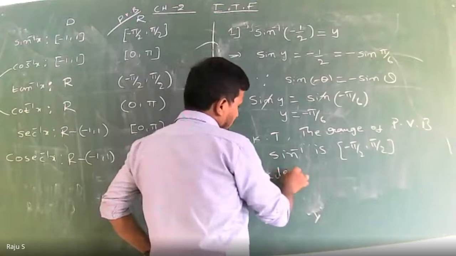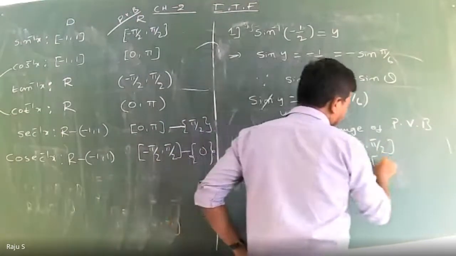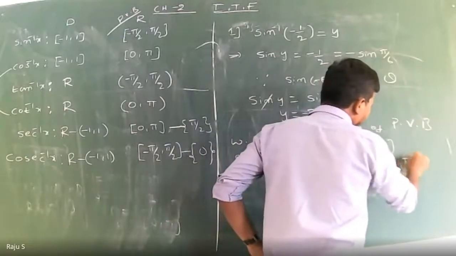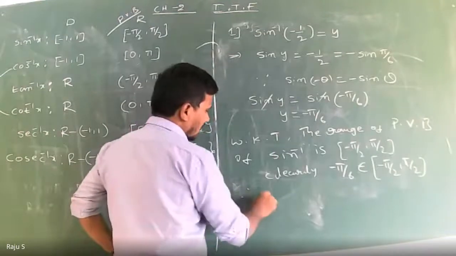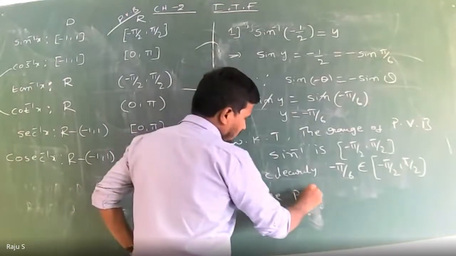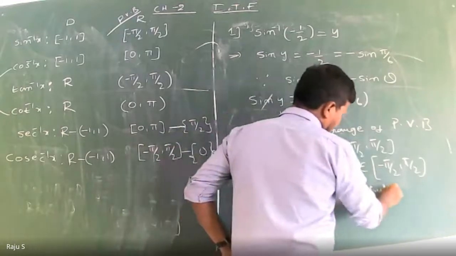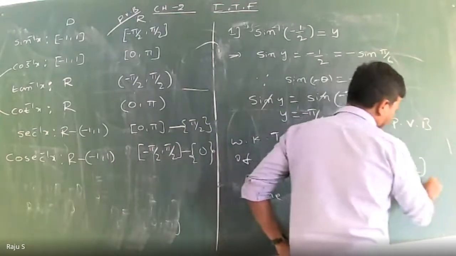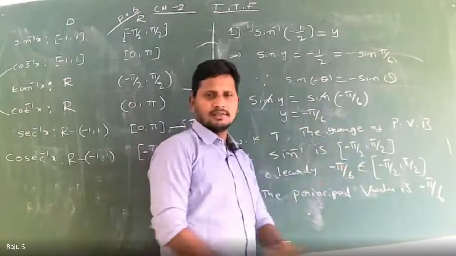So clearly minus pi by 6 belongs to this interval. If it does not belong to this interval, it is not the principal value. Therefore, the principal value is minus pi by 6. Whatever result comes, that is the correct answer.